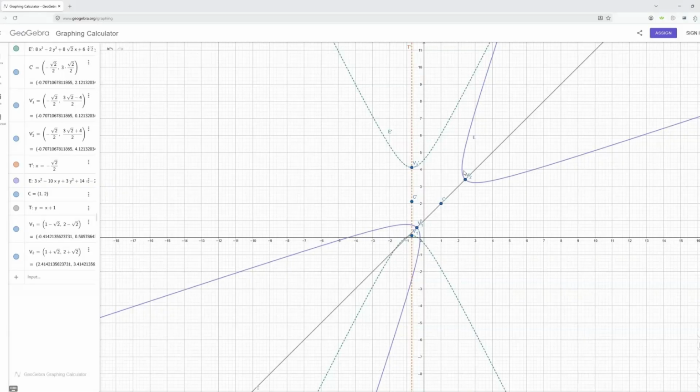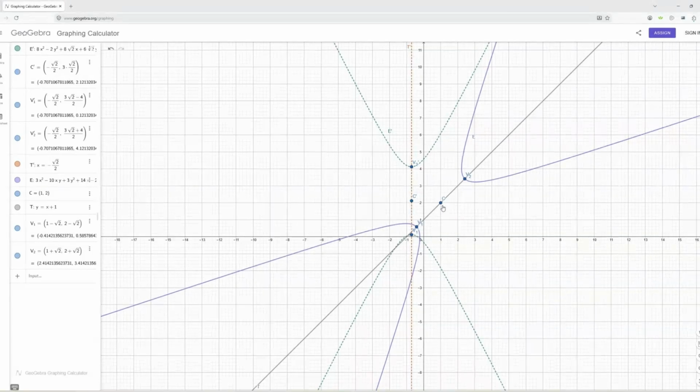So we see that relative to the original equation, the transformation that we apply with the matrix P results in a rotation by pi over 4 radians plus a translation. So we can see the translation most clearly by focusing on the center.